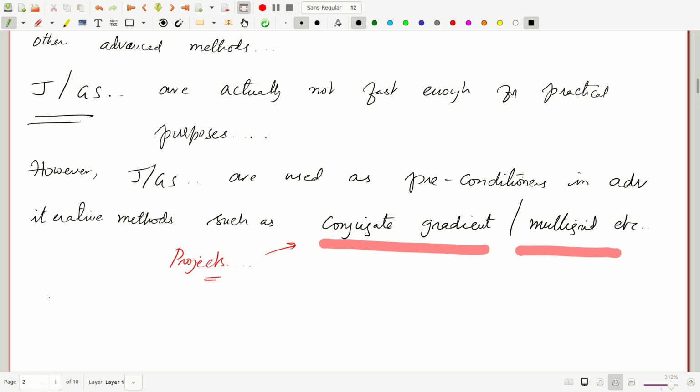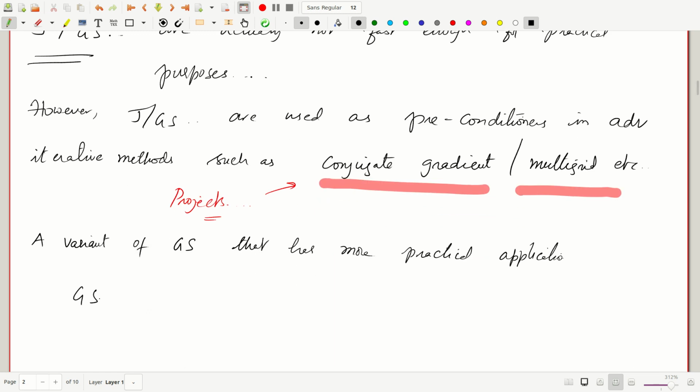etc. And a variant of the Gauss-Seidel method that has more practical application is known as the Gauss-Seidel successive over relaxation, basically your Gauss-Seidel SOR method.